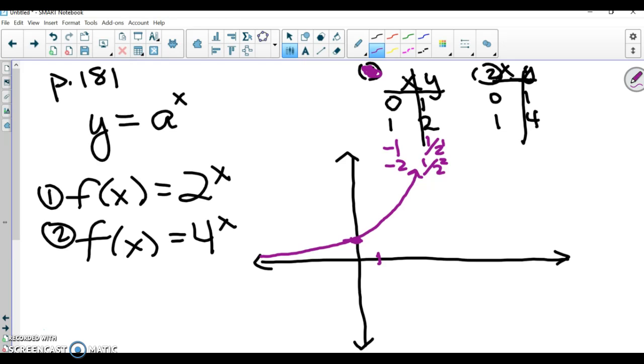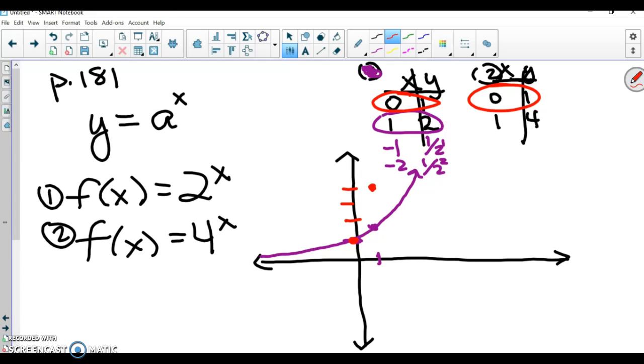So at x equals 1, y is 2. If we look at the second graph on top of that first one, we see that they share these similar values, 0, 1. We can see in the case of graph number 2, at 1, our value has increased to 4 already.